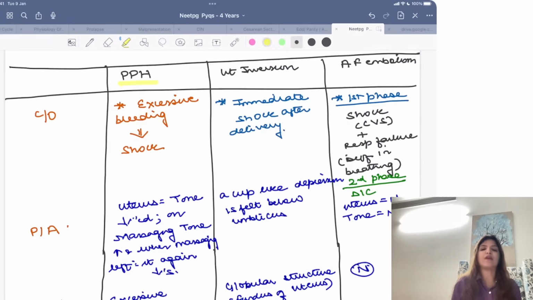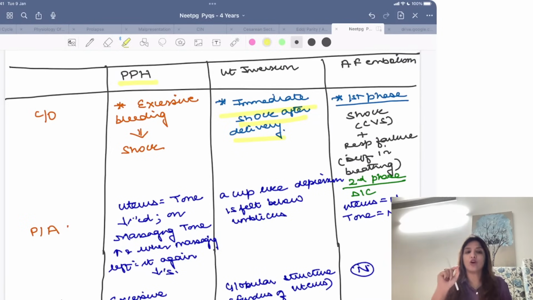In case of PPH, the question is going to say that the patient had excessive bleeding and then the patient went into shock. In case of uterine inversion, the question is going to say the patient went into shock immediately after delivery, right? So the word immediate is going to be there.